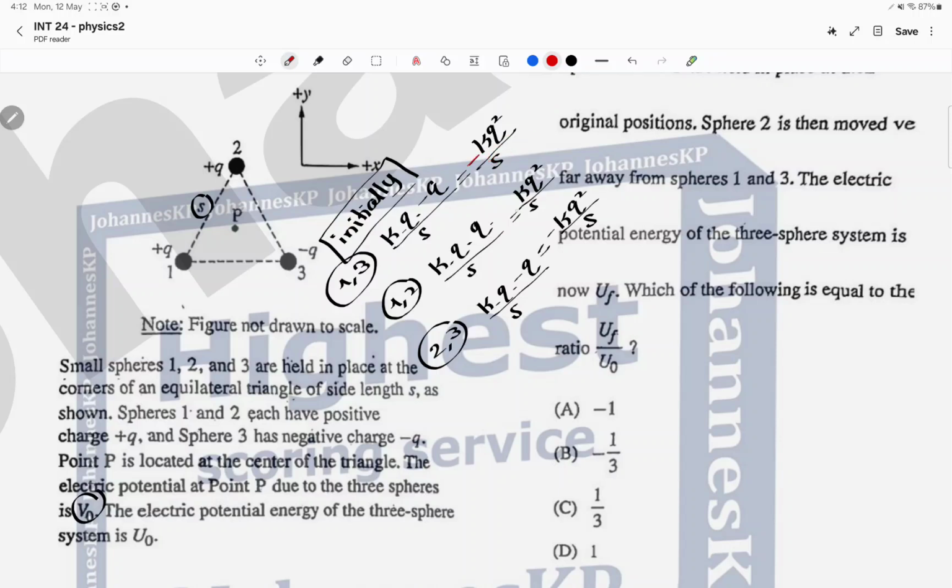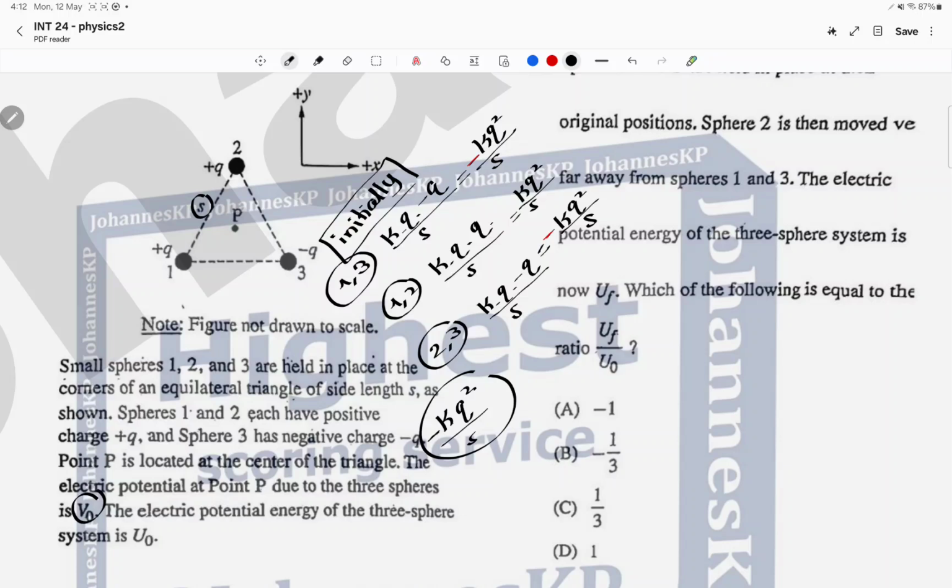This is negative. This is negative. That's positive. So if you add all three, what do you get? You get negative K Q squared over S, because positive cancels a negative, and you just have one negative left. That was the initial potential energy of the system.